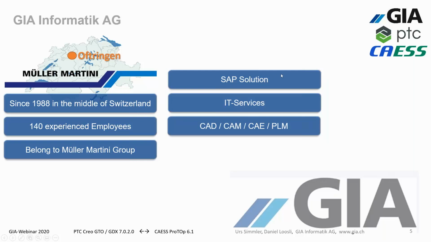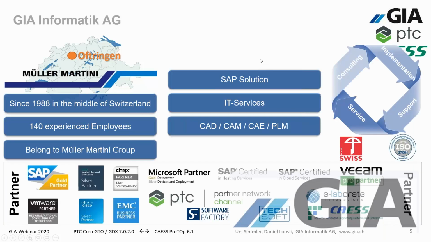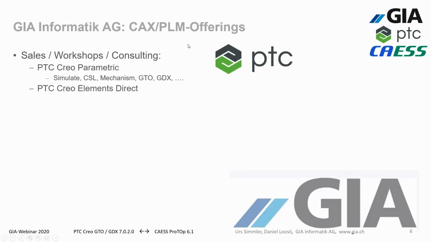One is doing SAP solutions, the other one is doing IT services, and 10 people are in the department for the CAD, CAM, CAE products, and of course for the PLM products. Our main partner in the PLM CAD space is PTC, but we also have products from other PTC partners, and one of these products we'll see today.